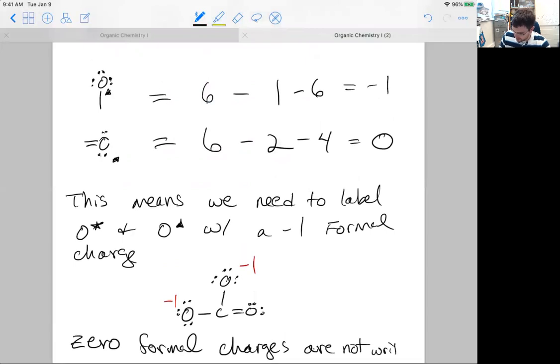So we don't write a bunch of zeros. For the most part, the elements in our system are going to be neutral.